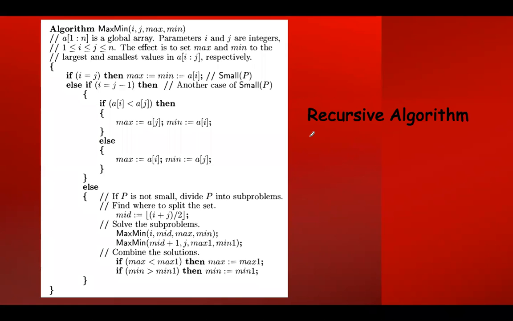And again, A1 will be divided into even more subarrays until we reach a single element. We'll go on dividing the array, and then we'll start calculating the maximum and minimum values and combine the result.